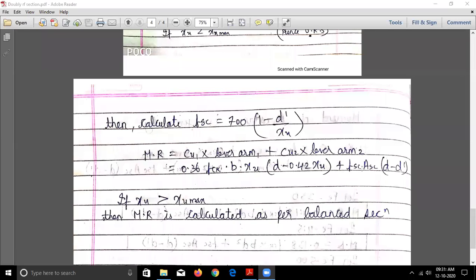Effective cover is equal to 40 mm. Calculate the MR and safe UDL the beam can carry.